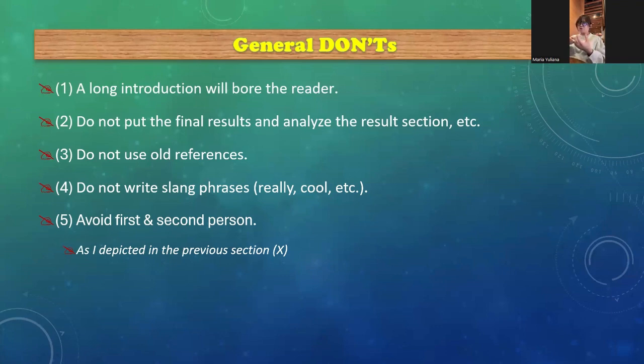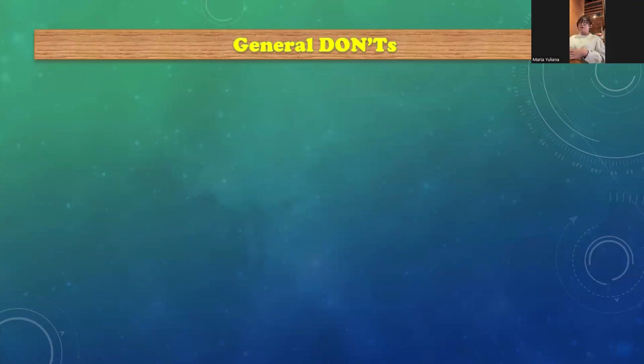When we want to convert this into a scientific way, then we can actually write like this, as illustrated in the previous section, as depicted in previous section, or as can be seen in figure, and so on.